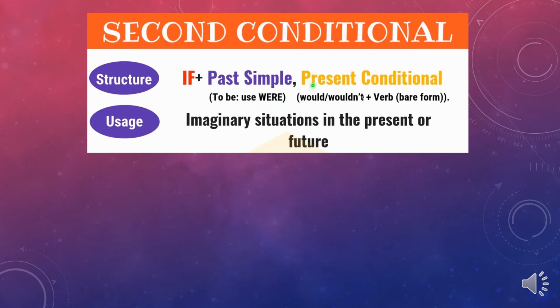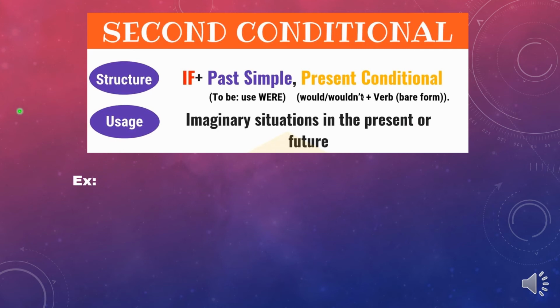Y el presente condicional, que es el would o wouldn't más el verbo en su forma base, okay? Base form. What is the usage? ¿Cuál es el uso? In imaginary situations in the present or future. Se usa para situaciones imaginarias en el presente o en el futuro, okay?